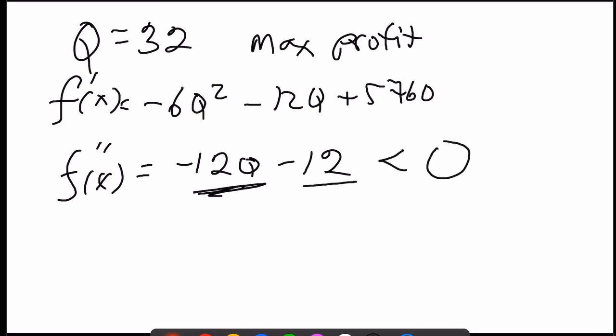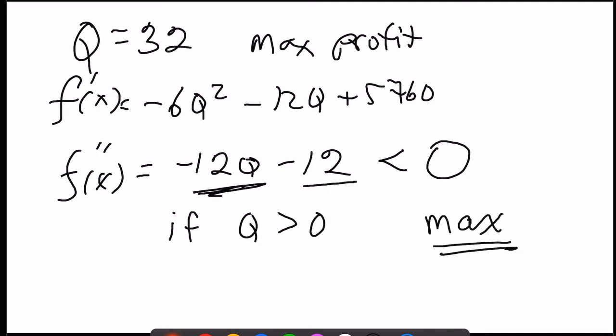That's always negative if Q is greater than 0, and therefore this would be a max. Okay? We got this? Hopefully we got this.